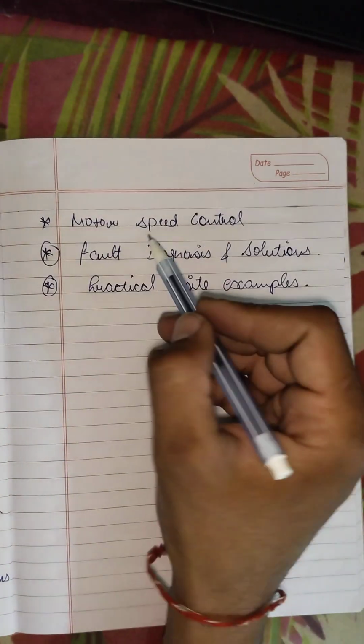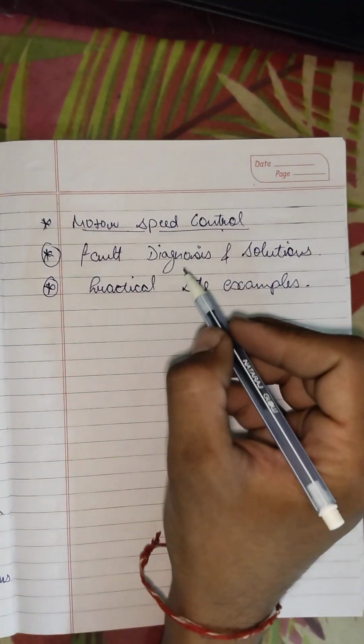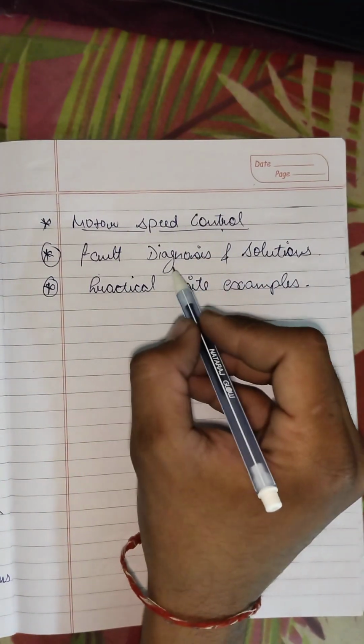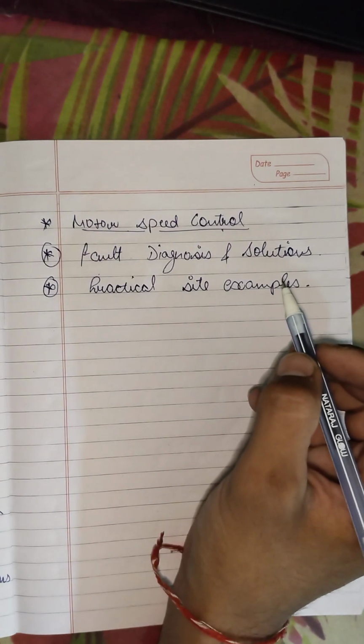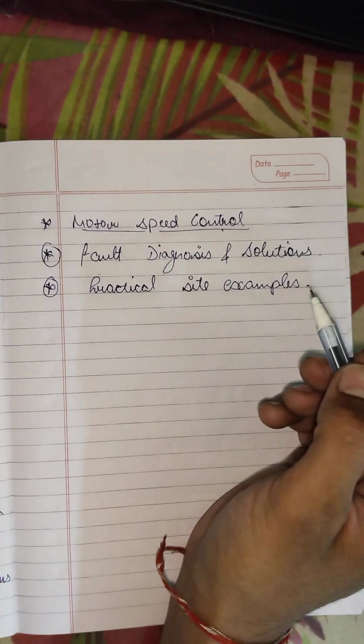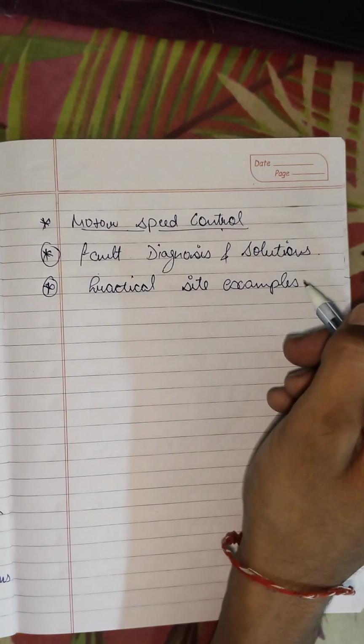Second, motor speed control, how we can control the speed of the motor. Third, fault diagnosis and solution, how we can search for faults whenever an error occurs and rectify it with better solutions.